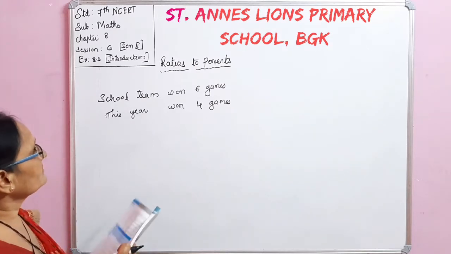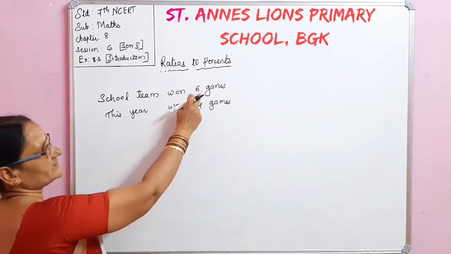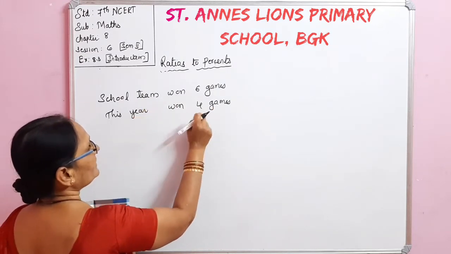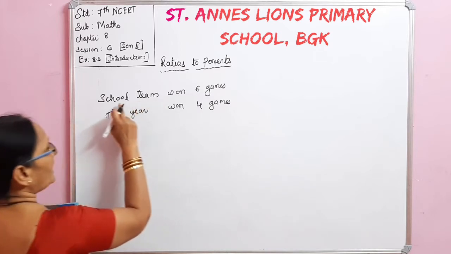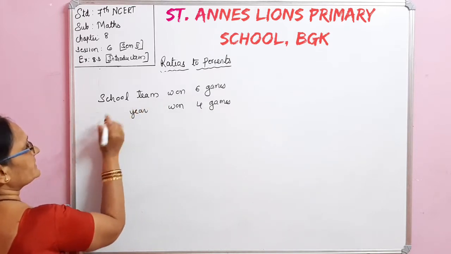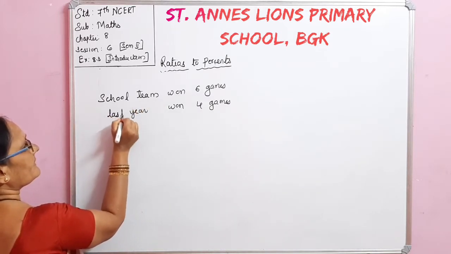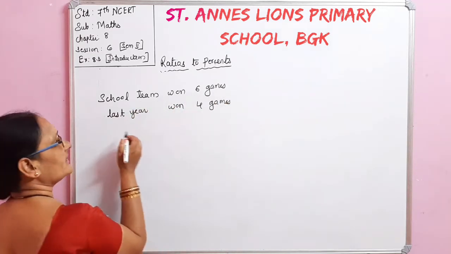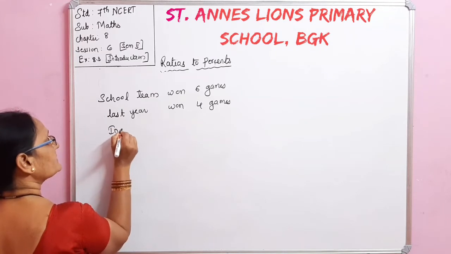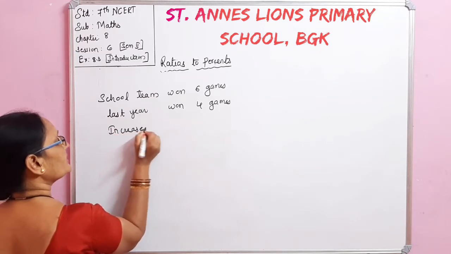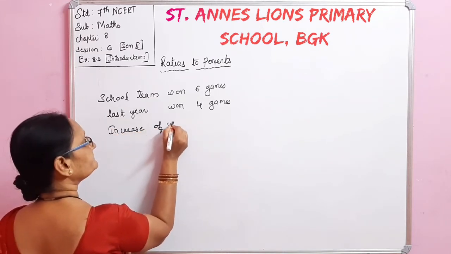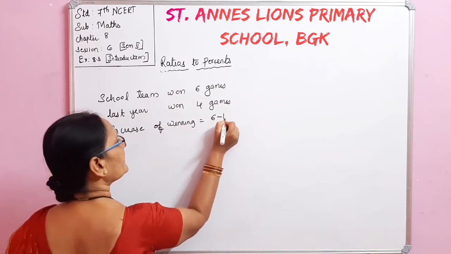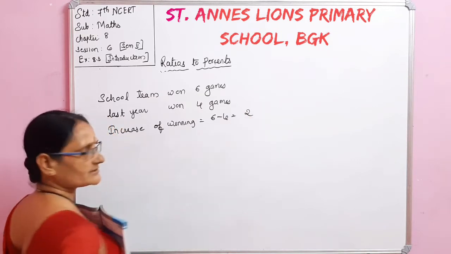Last year it was 4 games and this year it is 6 games. So the increase in winning is equal to 6 minus 4, which is equal to 2 games.